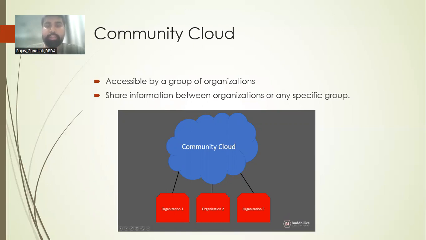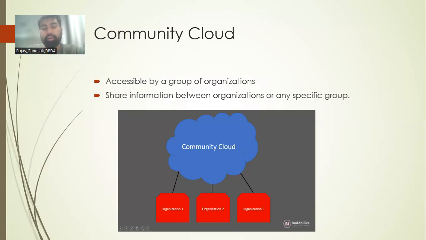All these companies share the data on the community cloud, where only the other companies or organizations can access the data, and they can make the necessary changes. Like from the photo we can see there are three organizations joined to the community cloud. If we take an example from this, the data is passed on from organization 1 to 2 and 2 to 3.